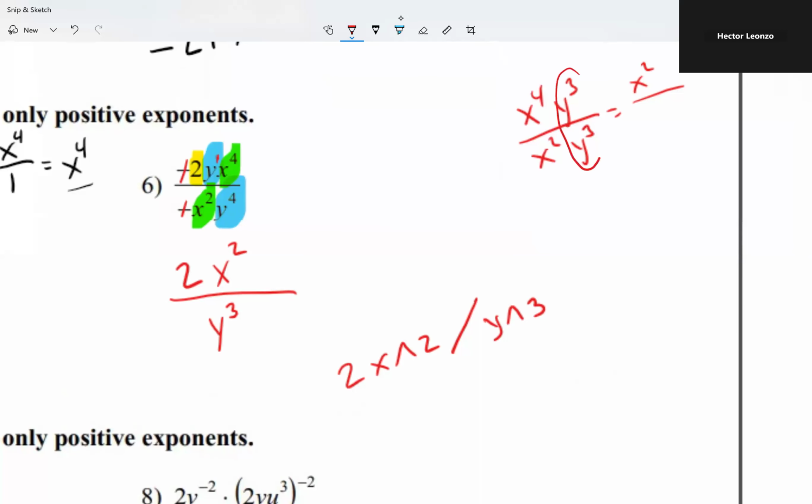But what about the y's? When they become 0, what happens when my exponent becomes 0? Then don't write it. It's gone. It cancels out. It's done. So the y's in that example, I would not write. So like I say, you guys are going to run into that in your homework. Remember this one, I will put a 1 at the bottom, but then it stops being a fraction. So it's just x squared.